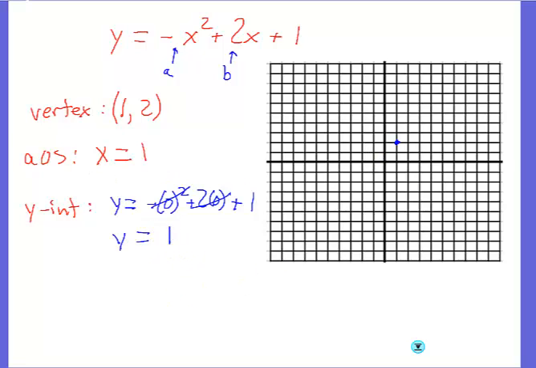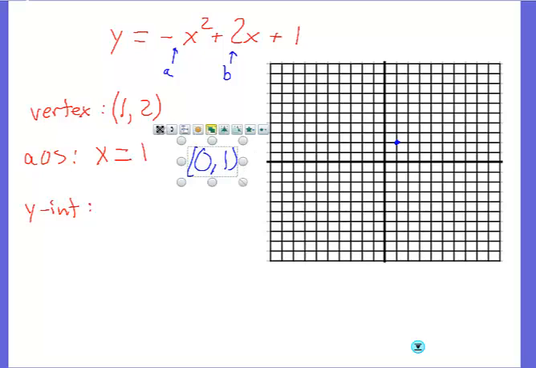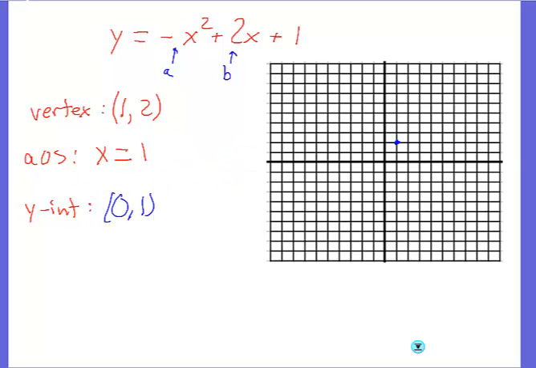So our y-intercept is the coordinate (0, 1). The nice thing about quadratics is that the y-intercept always becomes our constant term, since the x squared and bx terms go to 0 and you're just left with a constant. So your y-intercept is always this guy right here. That's nice to know.